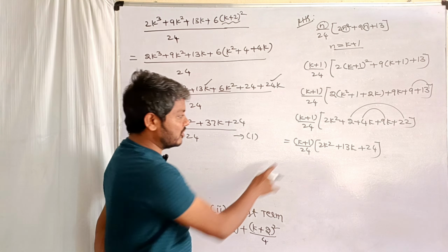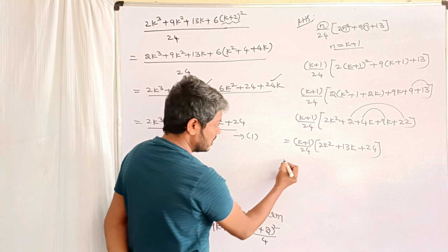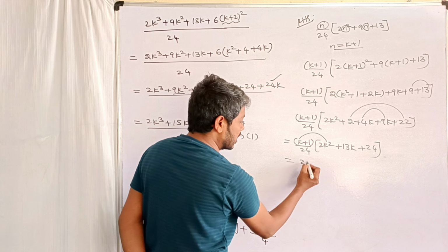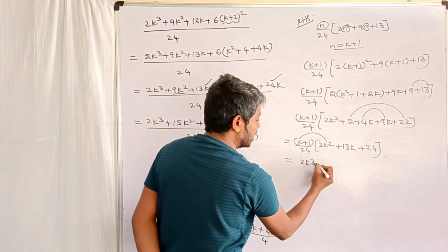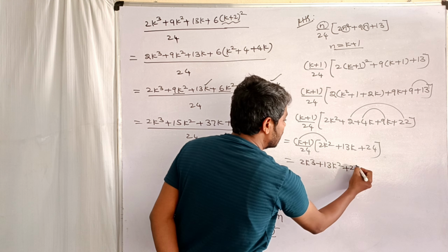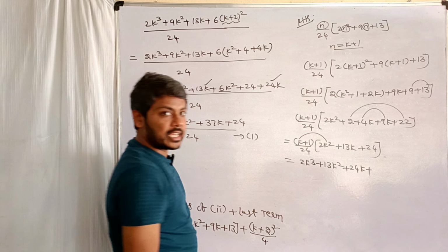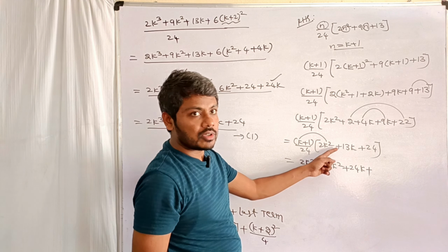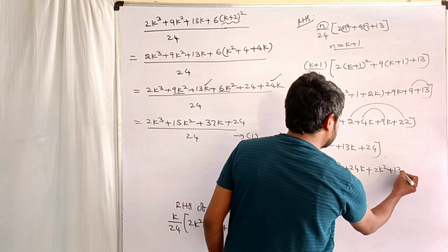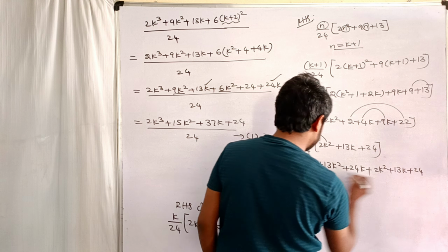Next, multiplying with k and multiplying with 1. First k into this one: k into 2k square, 2k cube, k into 13k, 13k square, k into 24, 24k. Next multiplying with 1, 1 into this one, again we get the same, that is 2k square plus 13k plus 24.